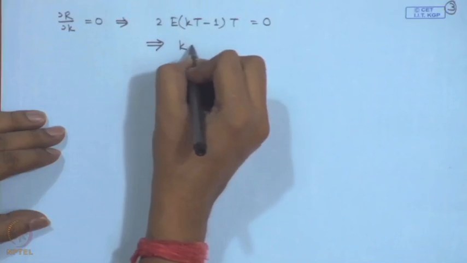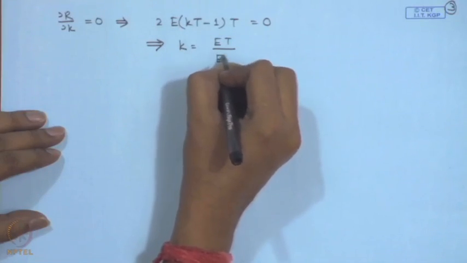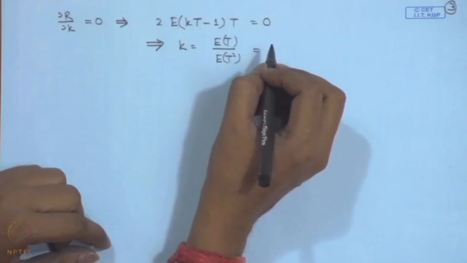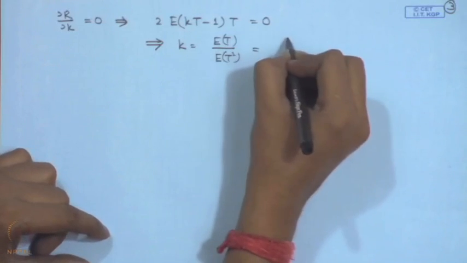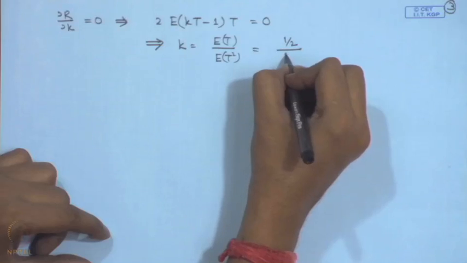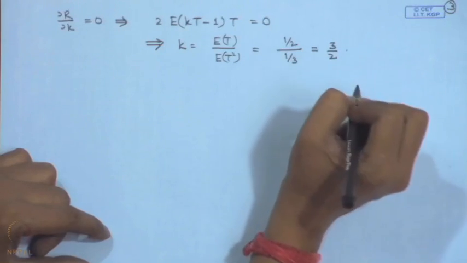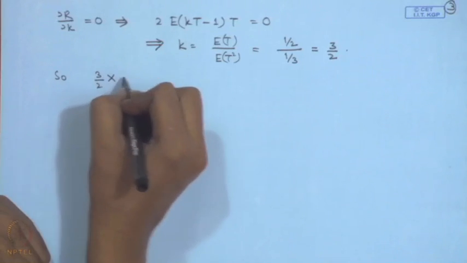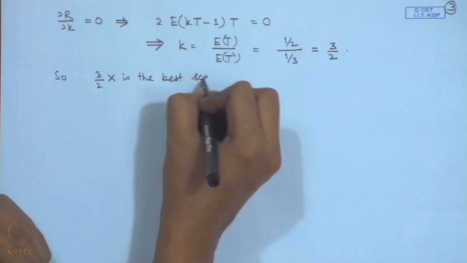This means, k is equal to expectation of t by expectation of t square. Now, in the case of uniform distribution, the mean is half and expectation t square is 1 by 3, so k is equal to 3 by 2. So, 3 by 2 x is the best scale equivariant estimator of theta.